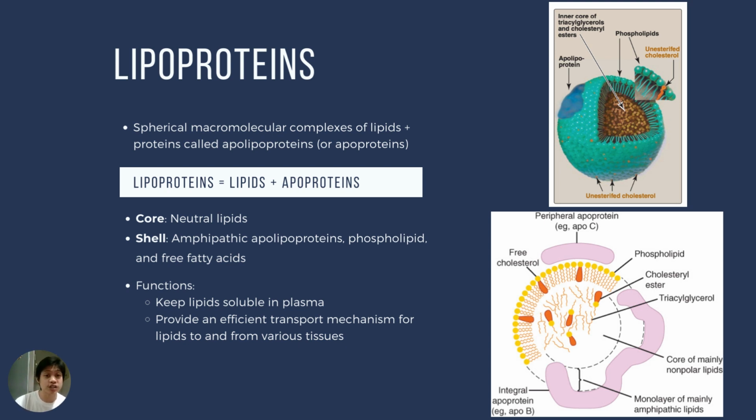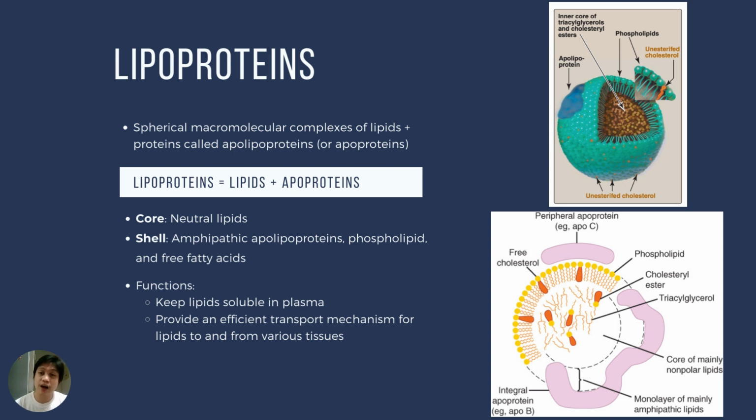Functions of lipoproteins include keeping the lipids soluble in plasma. It also provides an efficient transport mechanism for lipids to and from various tissues. What this means is that the lipid, for example, in the liver, can find its way into other portions of the body through a transport mechanism, and that is the lipoprotein.